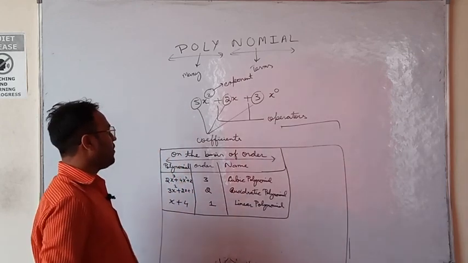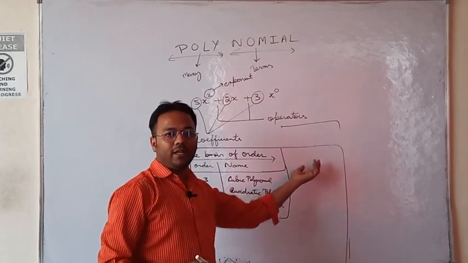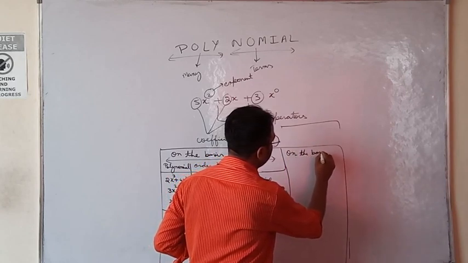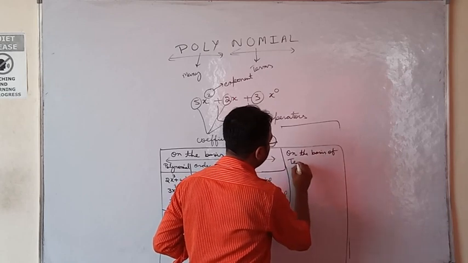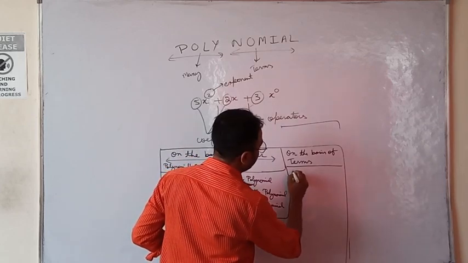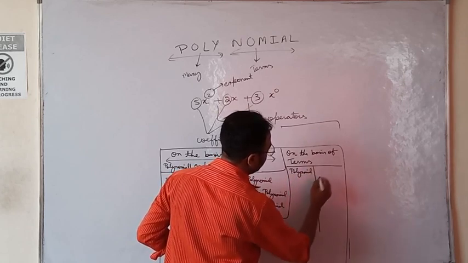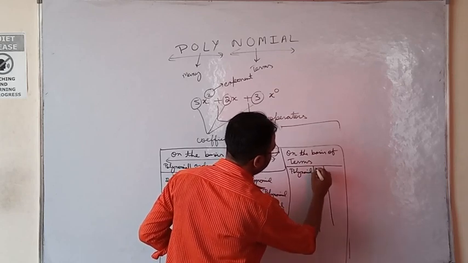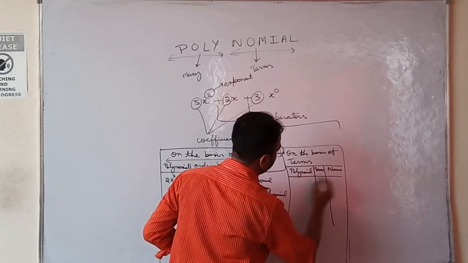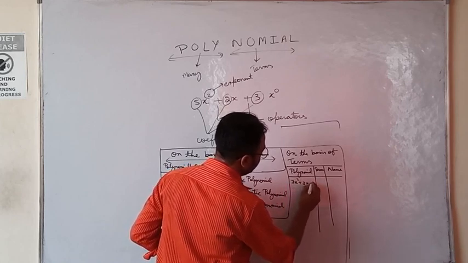Now we are going to talk about the naming on the basis of the terms. Again, I will write here polynomial, terms, and name. Let's take an example, I have 3x square plus 2x plus 1.